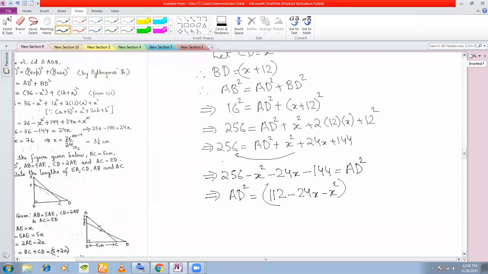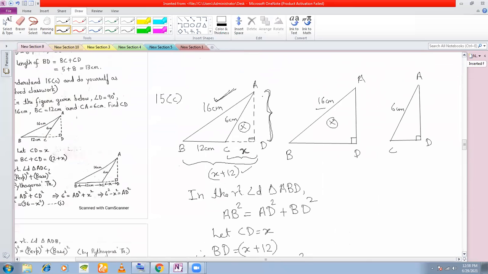This is the length of AD square we have got from which triangle? We got this from the bigger right angle triangle here, right? Now we utilize this smaller right angle triangle, right? In this triangle, which one is the hypotenuse? AC.